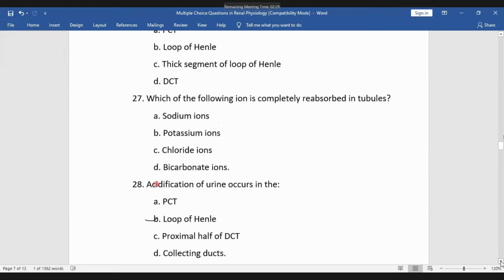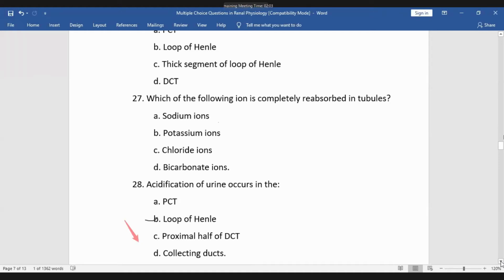Listen, acidification of urine. Where does it happen? Acidification means reabsorption of the sodium and removal of the hydrogen ions. Where does it happen? This happens in the collecting ducts, not the loop of Henle, no. Not in the proximal half of the DCT.